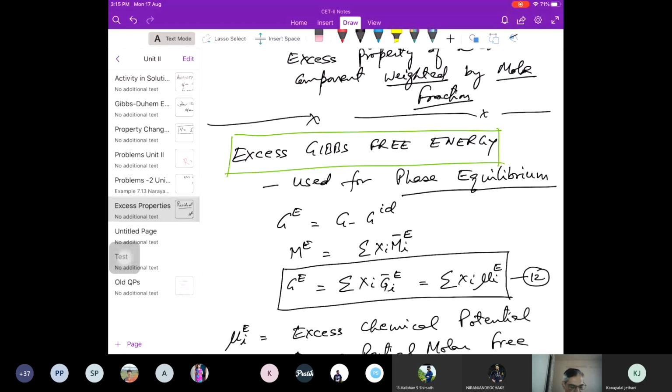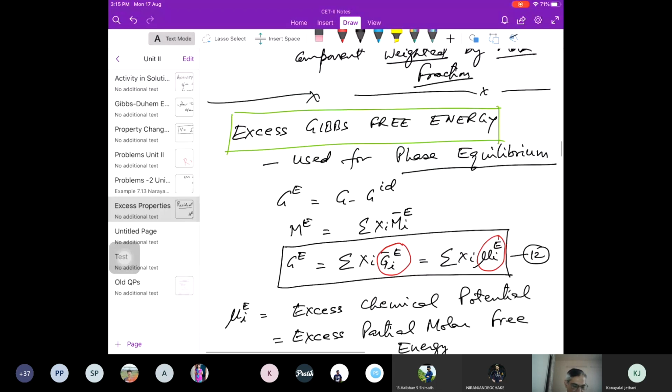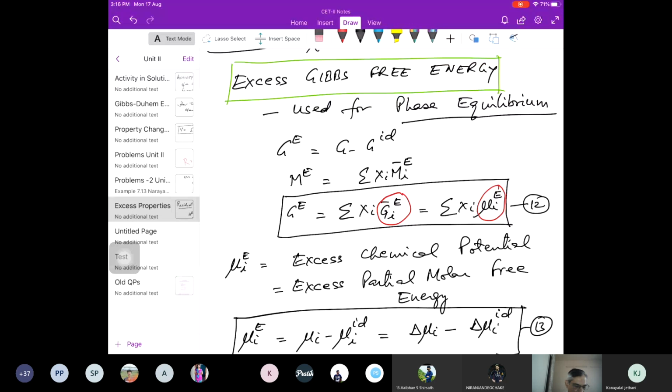And we also know that ME is equal to summation of xi Mi bar E. So G excess, you can say, is summation of xi Gi bar E. And we know that partial molar excess Gibbs free energy is nothing but mu i E. Partial molar excess Gibbs free energy of component i. So mu i bar E is excess chemical potential or excess partial molar free energy. Okay, any questions on equation 12?